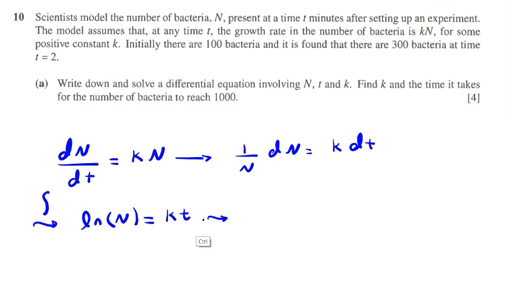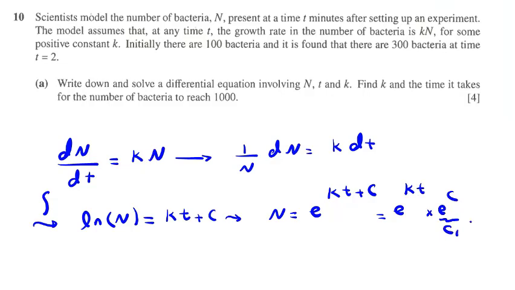Plus a constant. If we raise both sides e to the power of each side, e to the power of left hand side will be N, and right hand side will be e to the kt plus c. So you can say it is e^kt times e^c, it is a constant.